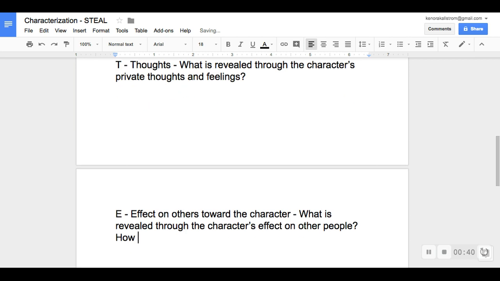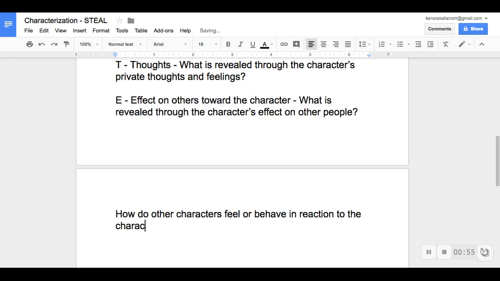How do other characters feel or behave in reaction to the character?